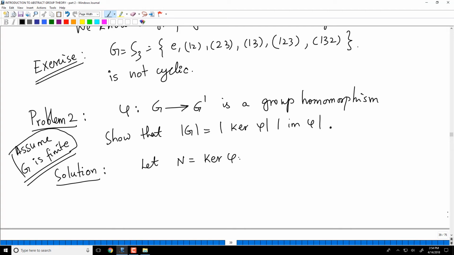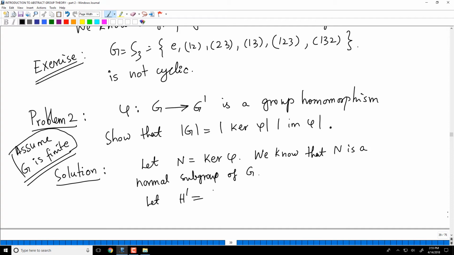Recall that when we defined group homomorphisms, we showed that kernel of a group homomorphism and image of a group homomorphism are subgroups. Not only that, after I defined normal subgroups, I showed that kernel is a normal subgroup. So we know that N is a normal subgroup of G, and we also know that, let H prime be image of phi.